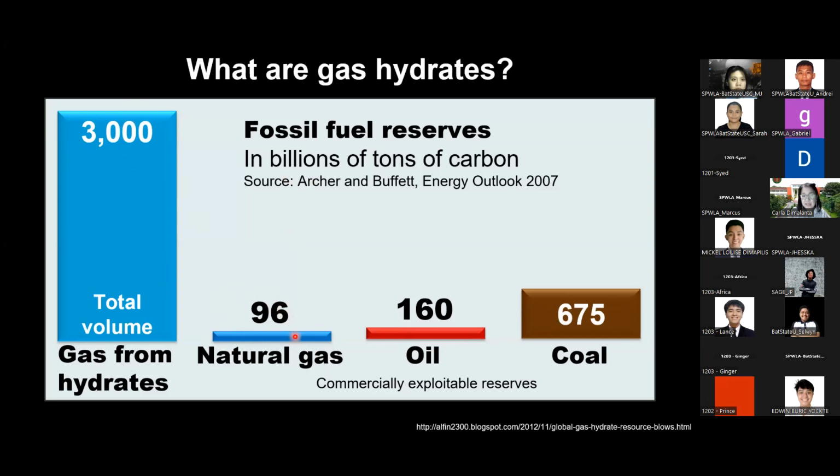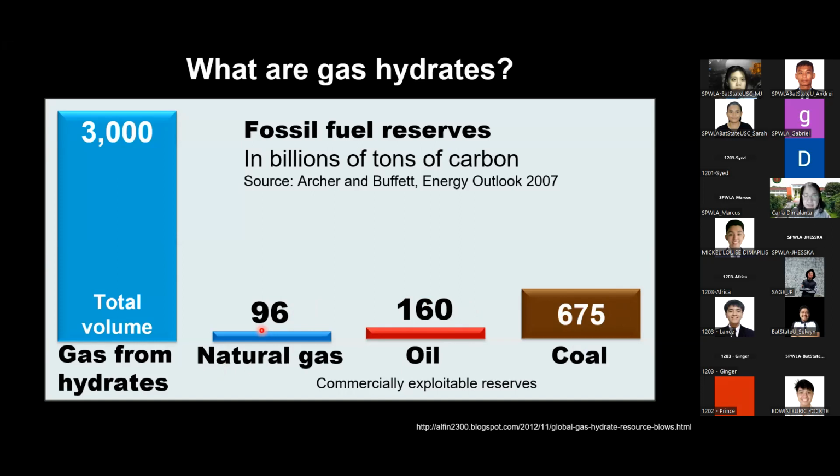You can see here that for natural gas, it's up to 96 billion tons of carbon. For oil, it's 160 billion tons of carbon, fossil fuel reserves, and for coal, it's 675 billion tons of carbon. So there are significant volumes that can be extracted from gas hydrates.